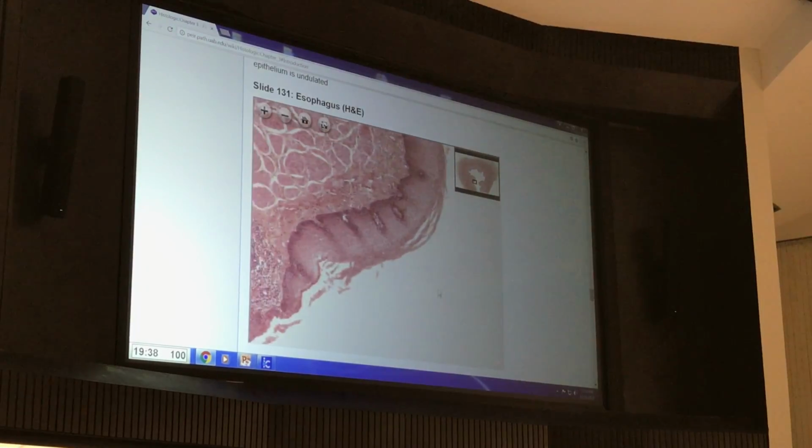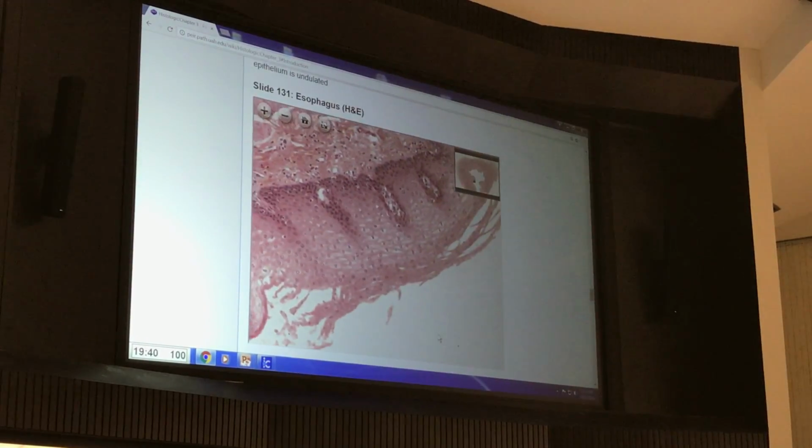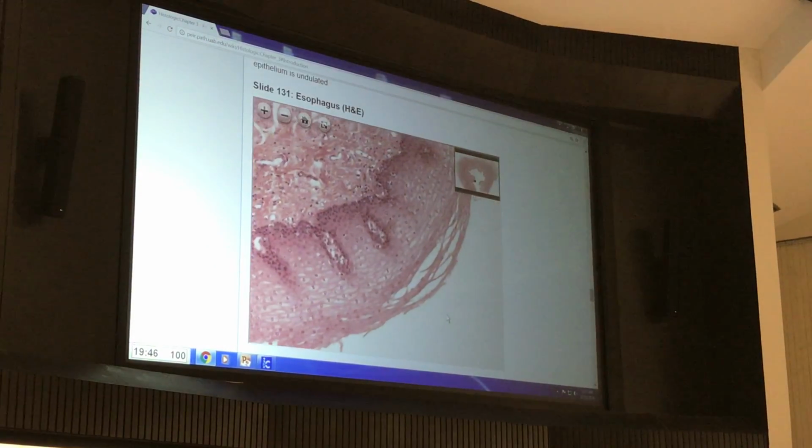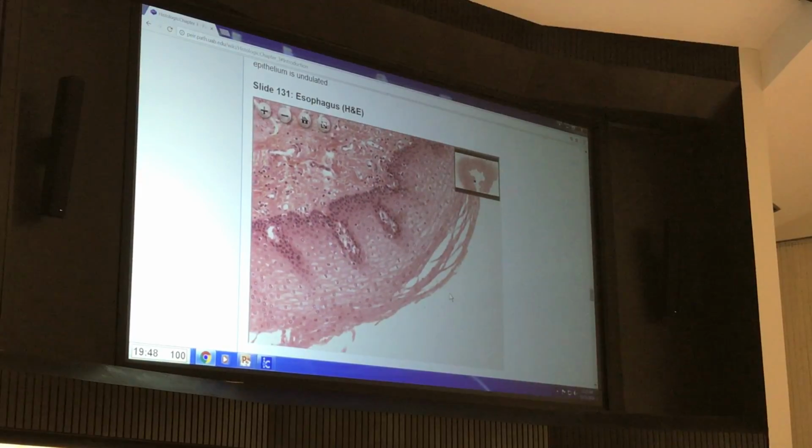Here's a nice region. What are we going to call this? Stratified squamous. And this is what I meant yesterday, especially stratified squamous, it has a very fast regeneration rate. So all mitotic activity is going to be going on here.